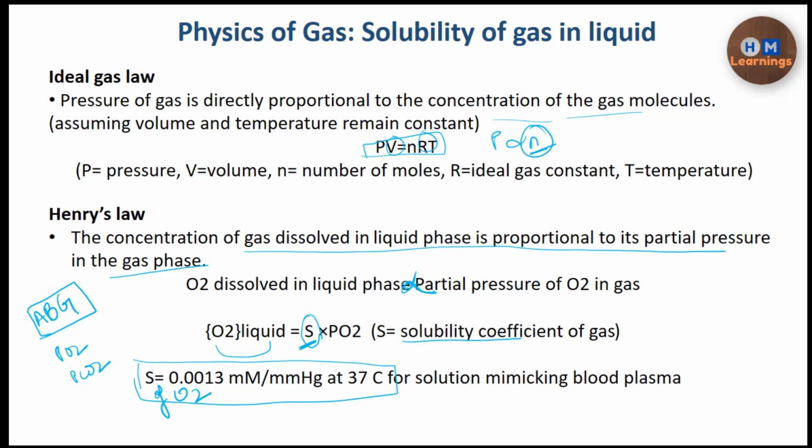They have the blood, so they should tell us the amount of oxygen dissolved in the blood, but they are not telling that. What they are telling is the partial pressure, by equilibrating that sample with the air. The partial pressure which is coming in the report is the one equilibrating with the oxygen dissolved in the liquid phase. This is the application of Henry's law.